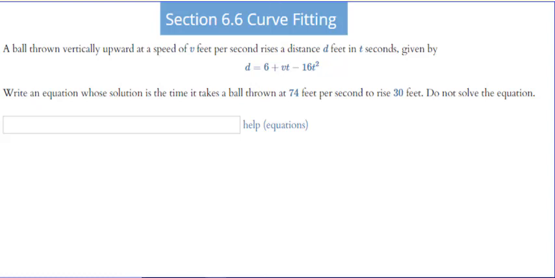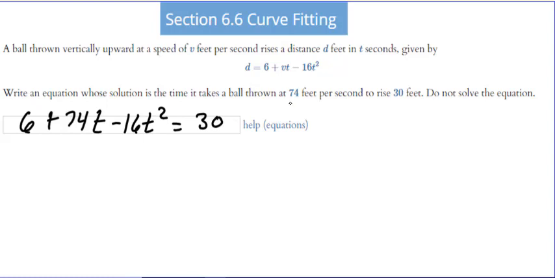Okay, so here we go. 6 plus 74t, sorry, not v, 74t minus 16t squared equals 30.